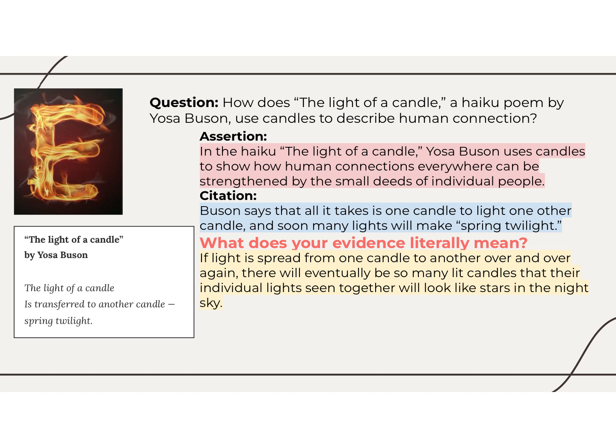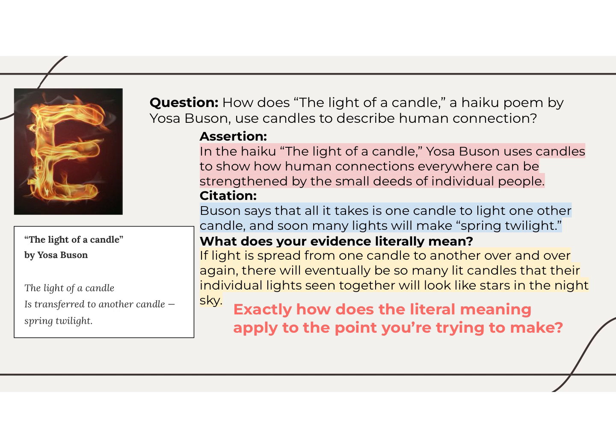What our citation literally means is, if light is spread from one candle to another over and over again, there will eventually be so many lit candles that their individual lights, seen together, will look like stars in the night sky. That is a literal translation of our evidence.